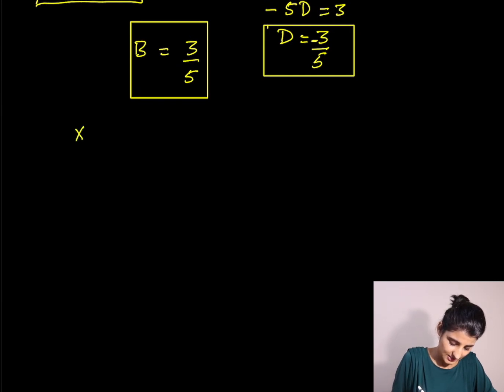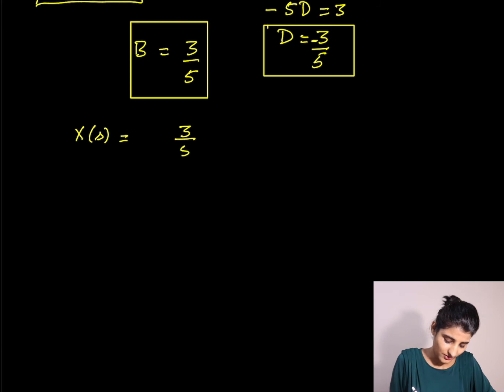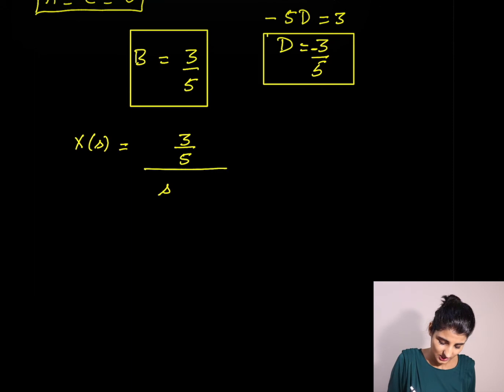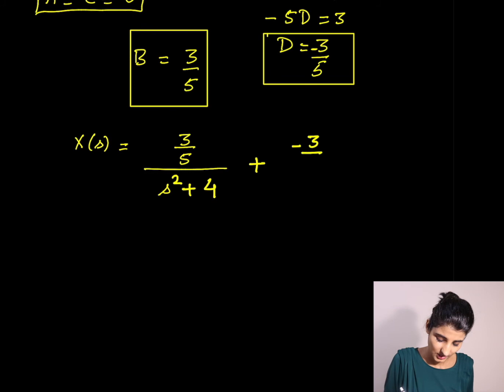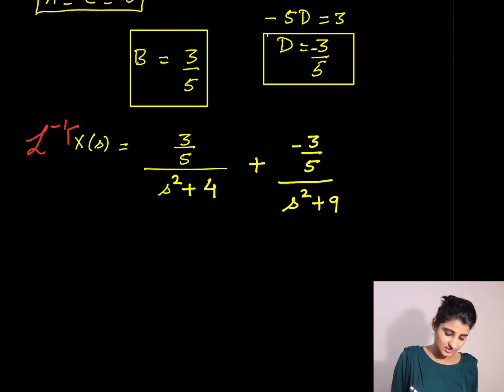Our xs is equal to as plus b, a is equal to 0, so b is 3 over 5, divided by s square plus 4, plus cs plus d, c is 0, d is negative 3 over 5, divided by s square plus 9, and we want to find out xt, so we take the Laplace inverse both sides.